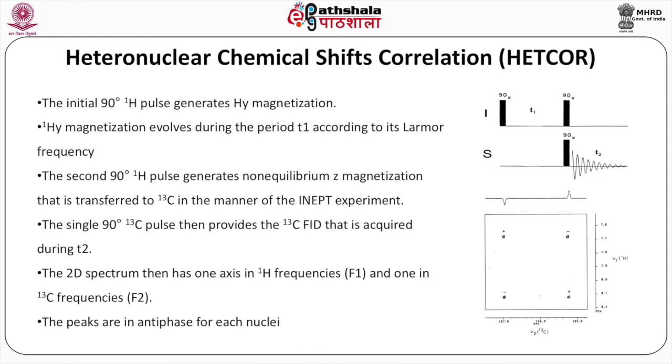The second 90-degree proton pulse generates non-equilibrium Z magnetization that is transferred to C13 in the manner of the INEPT experiment. The single 90-degree C13 pulse then provides the C13 FID that is acquired during t2. The 2D spectrum then has one axis in proton frequencies F1 and one in C13 frequencies F2. The peaks are in antiphase for each nucleus, as is shown in the figure.